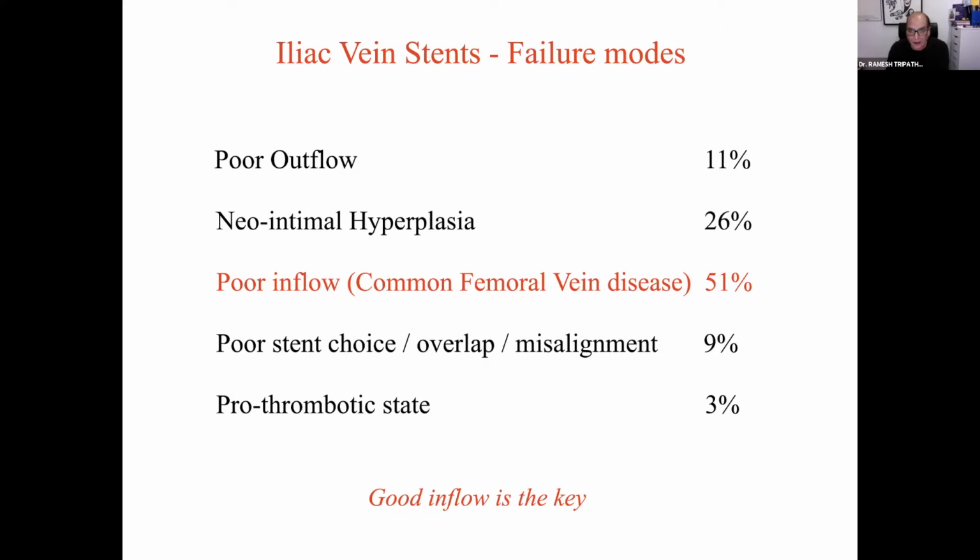And in 9% of cases, it's often poor stent choice or overlap or misalignment of stents causing some form of narrowing. And then there are the prothrombotic states. We do not exclude patients with prothrombotic states from iliac vein stents, and sometimes they do have recurrence of thrombosis. So good inflow is the key.